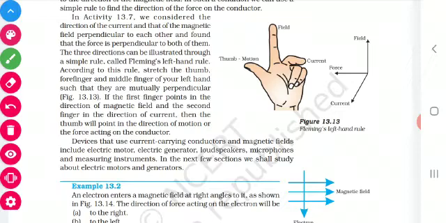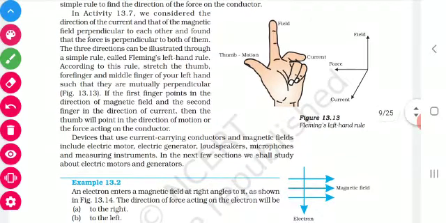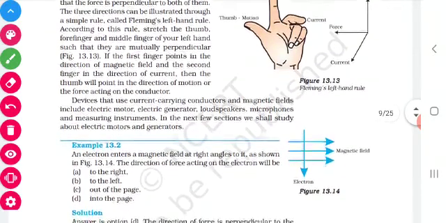If we do so, the thumb will denote the motion, the forefinger denotes the direction of the magnetic field, and the middle finger denotes the direction of current. That is why, due to the motion, the aluminum rod is displaced.